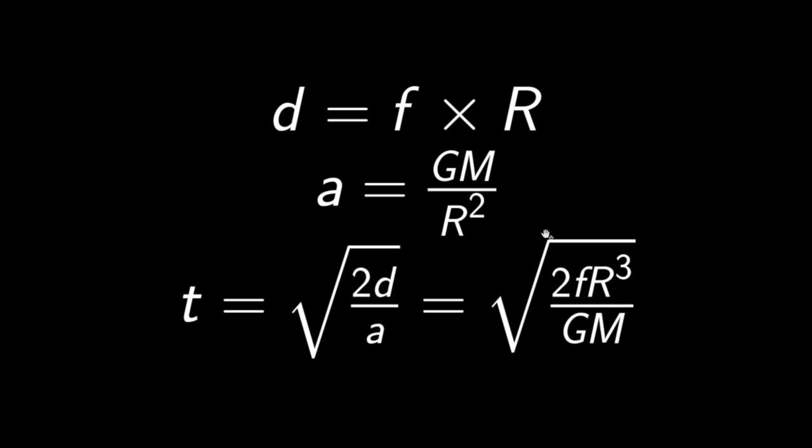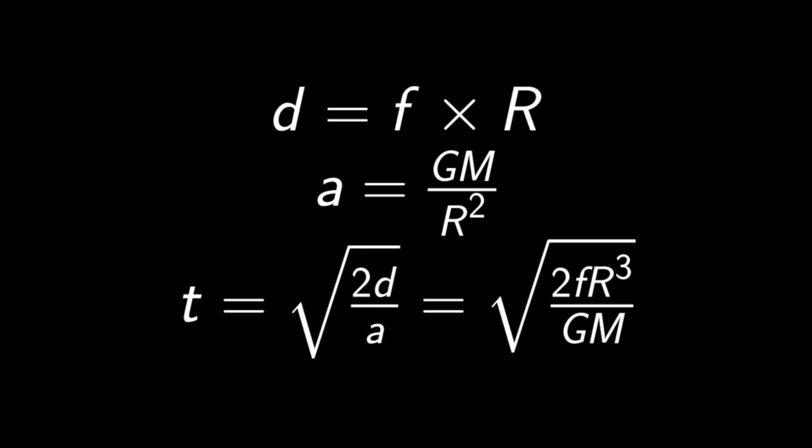So now we will start putting together everything we know. We talked about just now that the distance we want to move is some fraction times the radius of the object. We know the acceleration of the outermost point is going to be G total mass over total radius squared. And we know how to get a time from a distance and acceleration.